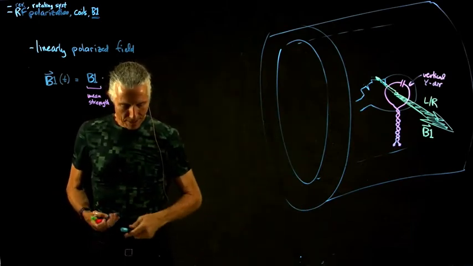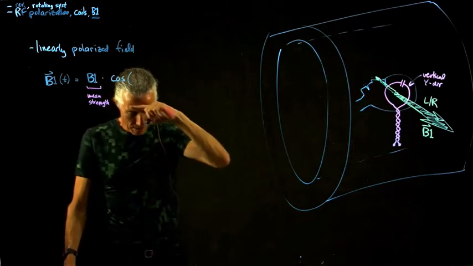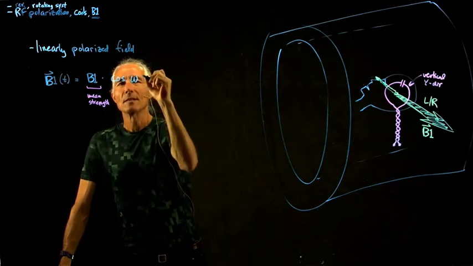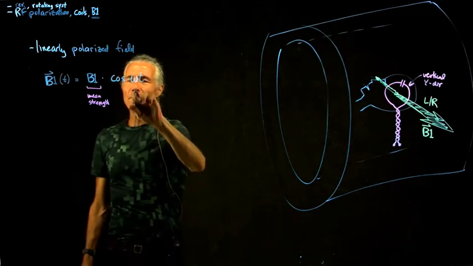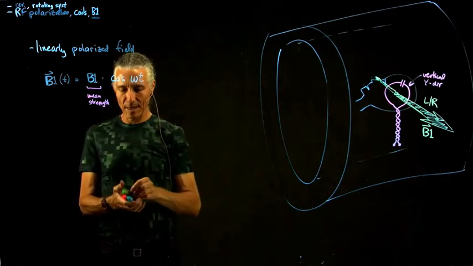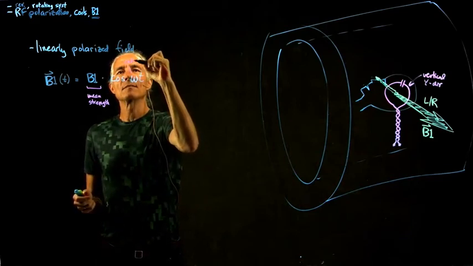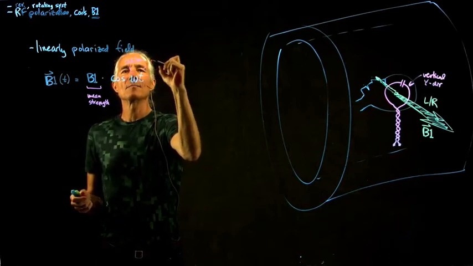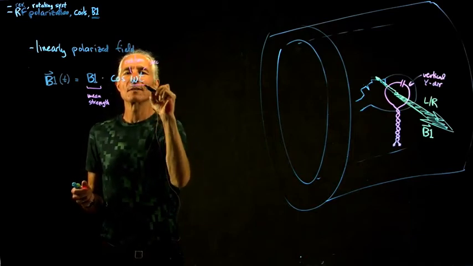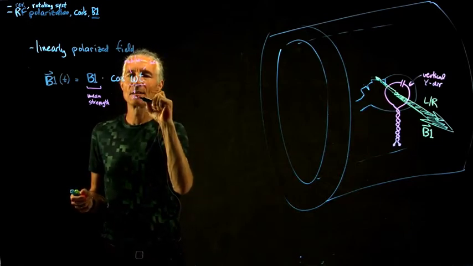And then times a cosine of omega t. Remember, omega is the frequency, in radians per second, and radians per second times seconds just equals radians. So that's just an angle.